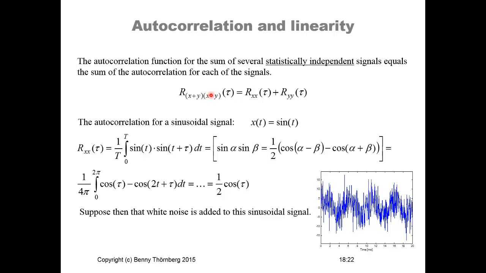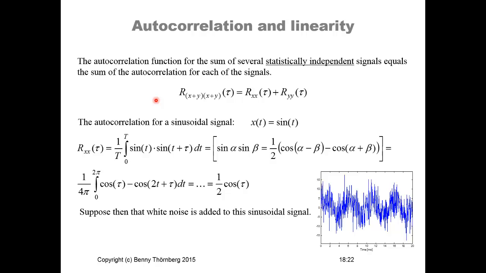For two stochastic variables that are completely statistically independent, the autocorrelation function for x plus y is equal to the autocorrelation function for x plus the autocorrelation function for y, assuming that those two variables are statistically independent, as we said. And we will come back to using this linearity property later on.